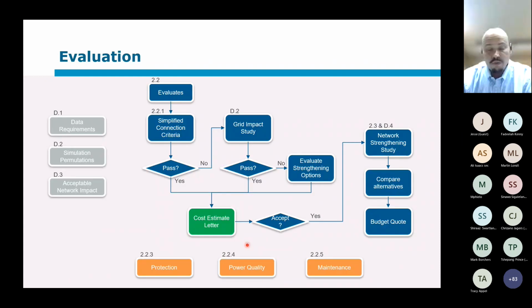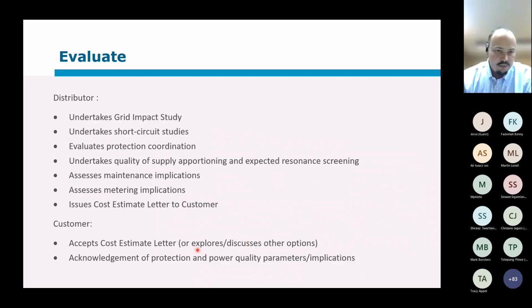That would be the end of the formal step 2 as proposed here. So just to summarize that: grid impact study, short circuit studies, protection coordination, quality of supply, maintenance implications, assess your metering implications, and issue the cost estimate.